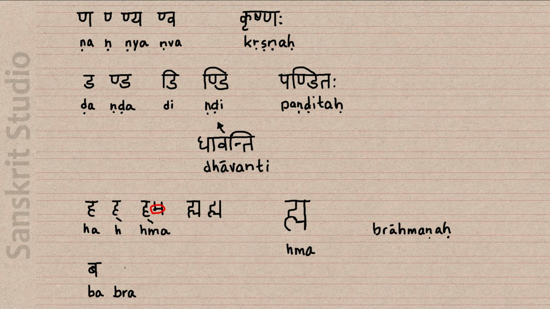And how we do this is that we do our regular B and end that stroke there, but then we add the R sound as a diagonal straight line to the left there, and that becomes a bra, something like that.